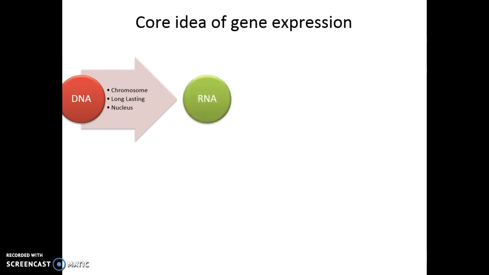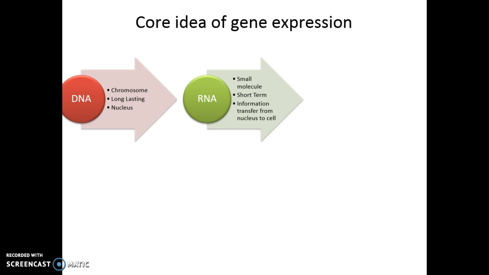And then you have your RNA, which is going to be transcribed from the DNA. RNA is going to be small molecules. It's short-term because it actually gets degraded shortly after it's made. And the RNA is information used to transfer from the nucleus to the entire cell.